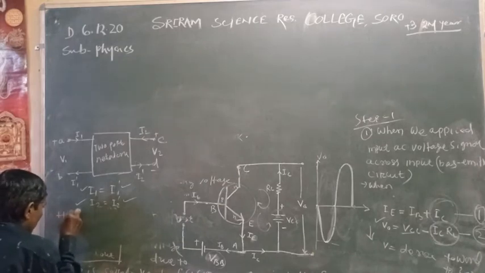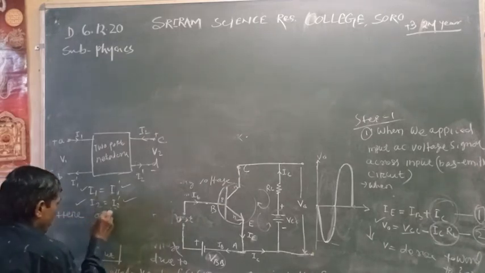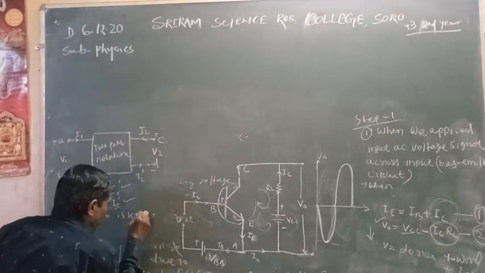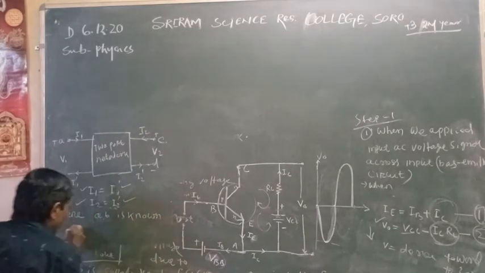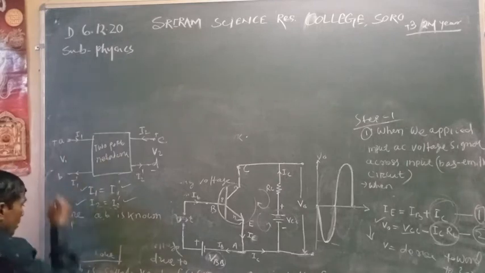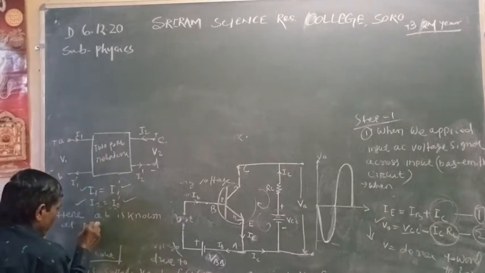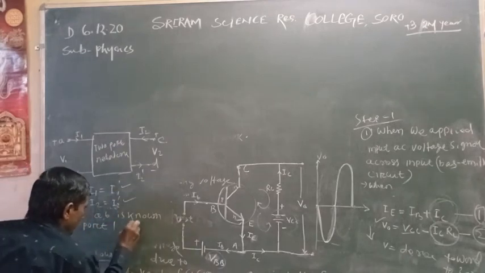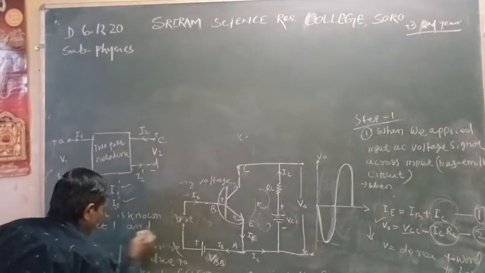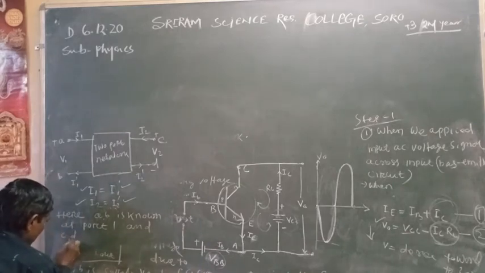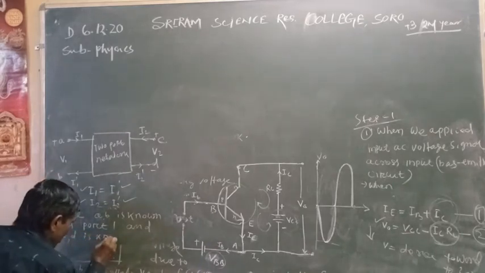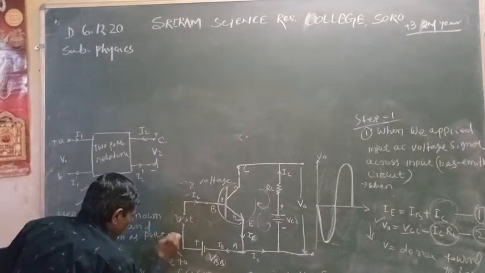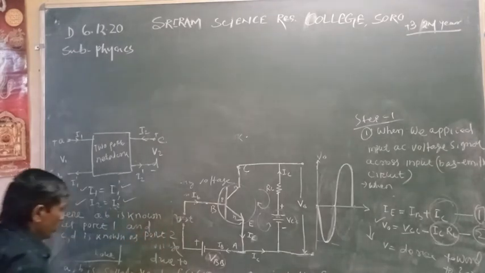So here AB is known as port 1, and CD is known as port 2.